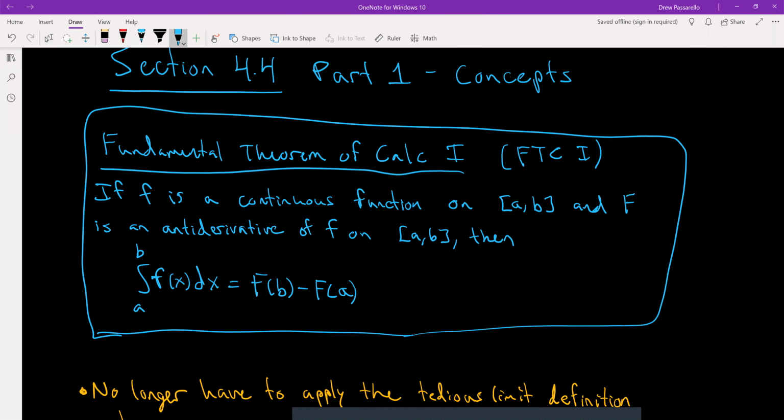All right, so now we're doing section 4.4, and this is going to be covering the main concepts.